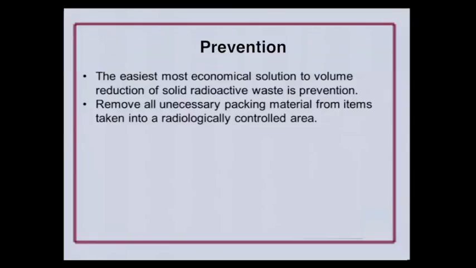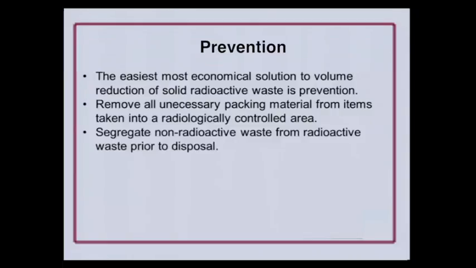New parts and such come with a lot of packing material to ensure they don't get damaged during shipment and handling. A lot of that can be removed prior to the item being taken in. If it needs to be protected from damage, then obviously you wouldn't want to damage a delicate or expensive part that might have to be replaced. But by and large, you can reduce the volume a lot with this step.